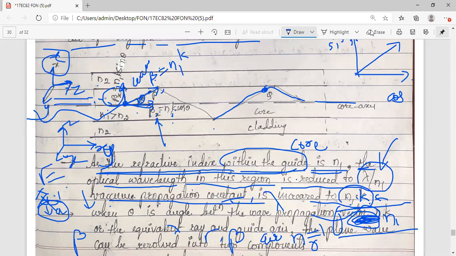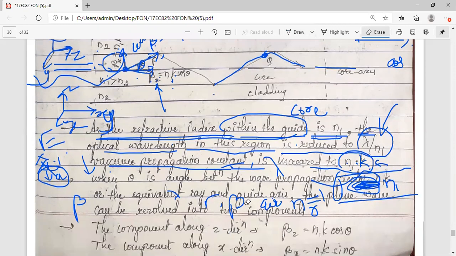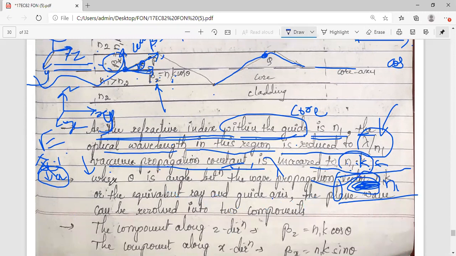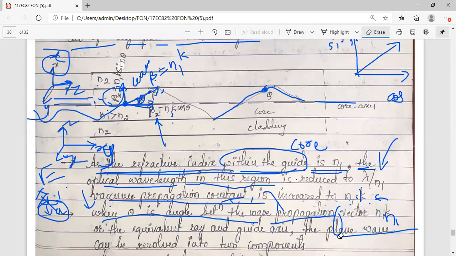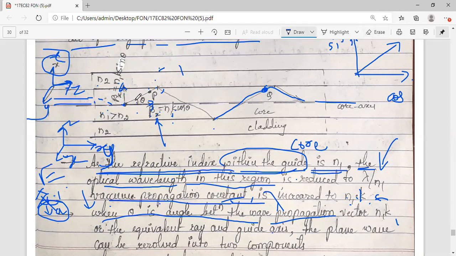Now let us see how the modes are there in the planar waveguide. Theta is the angle between the wave propagation vector n1k and this horizontal axis.